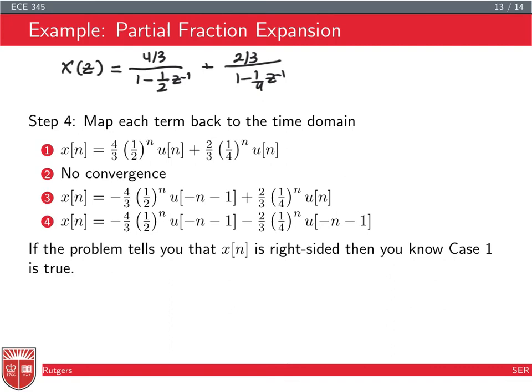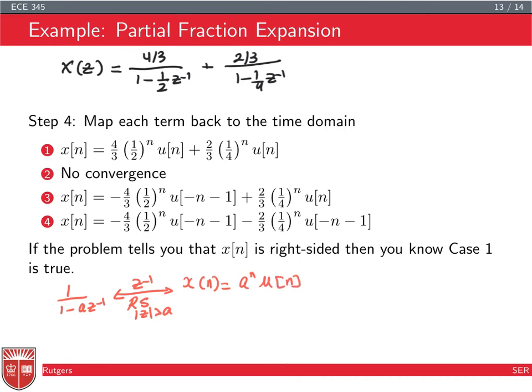So if you have 1 over 1 minus a z to the minus 1, then the inverse of this, if the signal is right-sided, meaning |z| is greater than |a|, is x of n equals a to the n u of n.